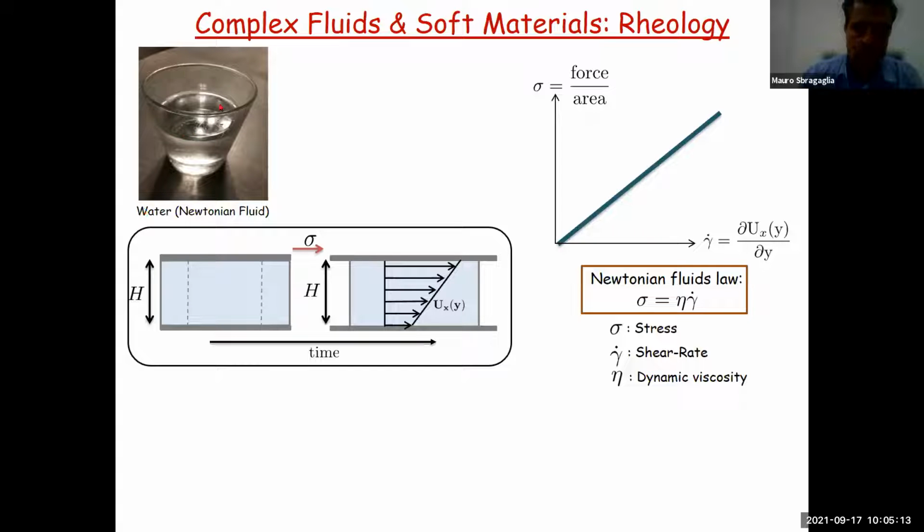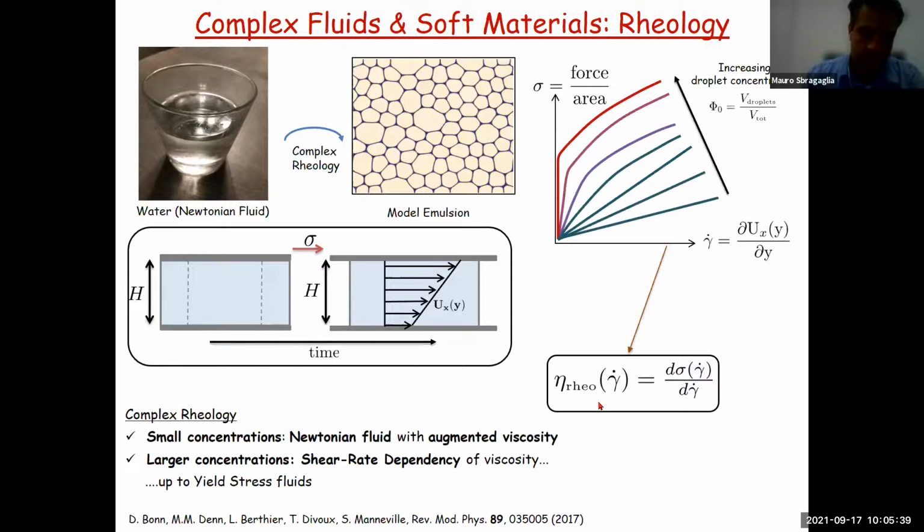Let's say, water, for example, at large scales, and let's try to relate the force that we have to apply to set the fluid in motion to the developed velocity gradient or shear rate. For a Newtonian fluid, we all know that this is just a linear relationship whose slope is essentially the dynamic viscosity of the fluid. Now, the situation gets much more complicated in presence of a complex mesoscale structure, for example, the one of a model emulsion.